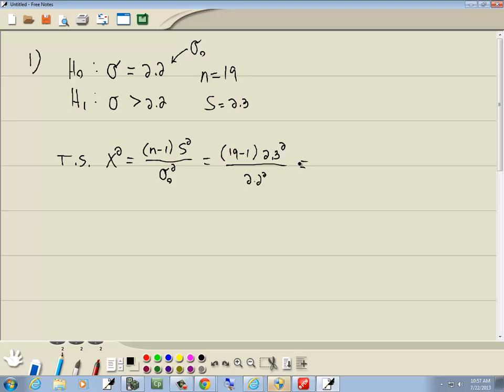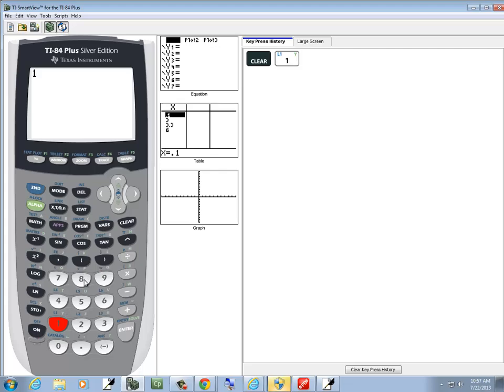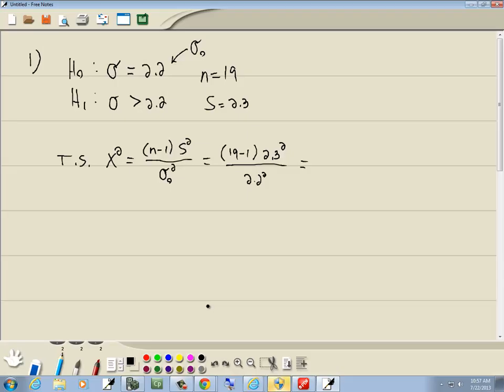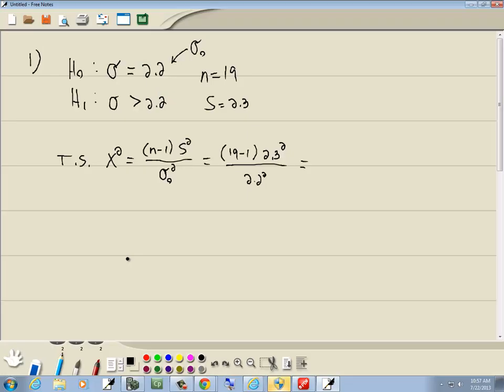Okay, so let me see what that gives us. Let me do that on the calculator here so you can see it. I got 18 times 2.3 squared divided by 2.2 squared.